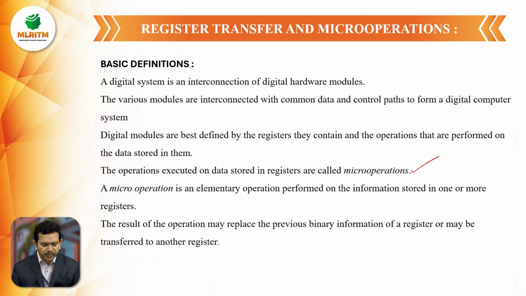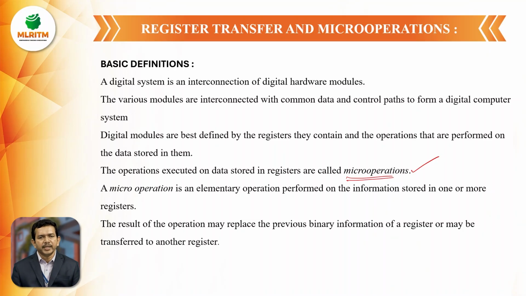So what type of operations are considered as micro operations? When I am executing an operation on a register, suppose I have some data on a register, I should apply some operation on that particular data. Some 2 bits of information are there on the register and I am trying to apply some operation on that. That operation may be an addition, a subtraction, a multiplication, or it may be some logical or shift operation.